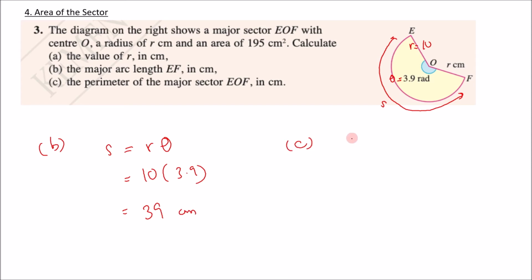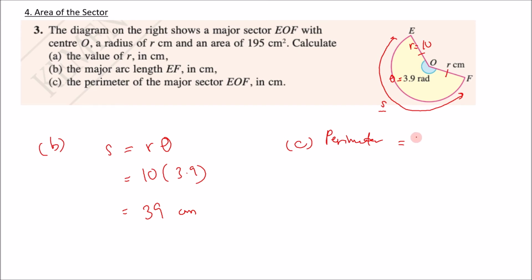Last question. The perimeter of the major sector EOF in cm. Okay, the perimeter is the total length of all sides, meaning you have to add EO, OF, and the arc S, right?